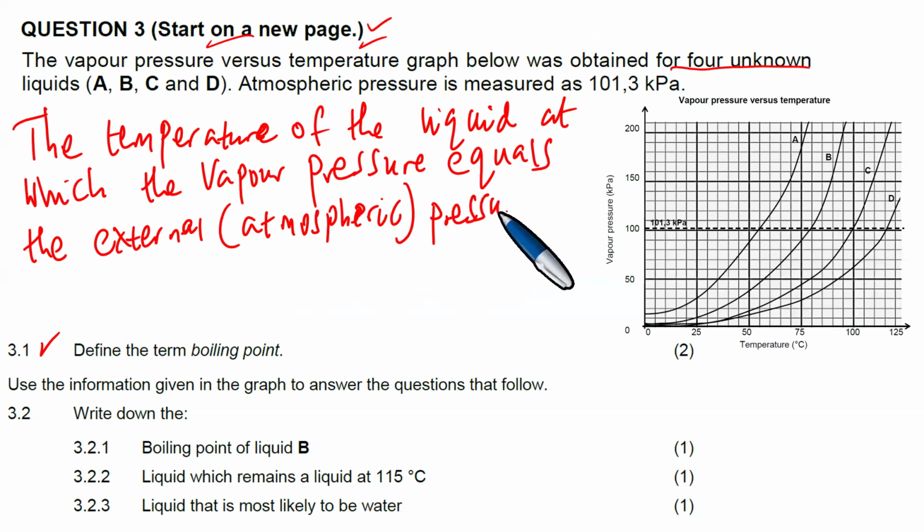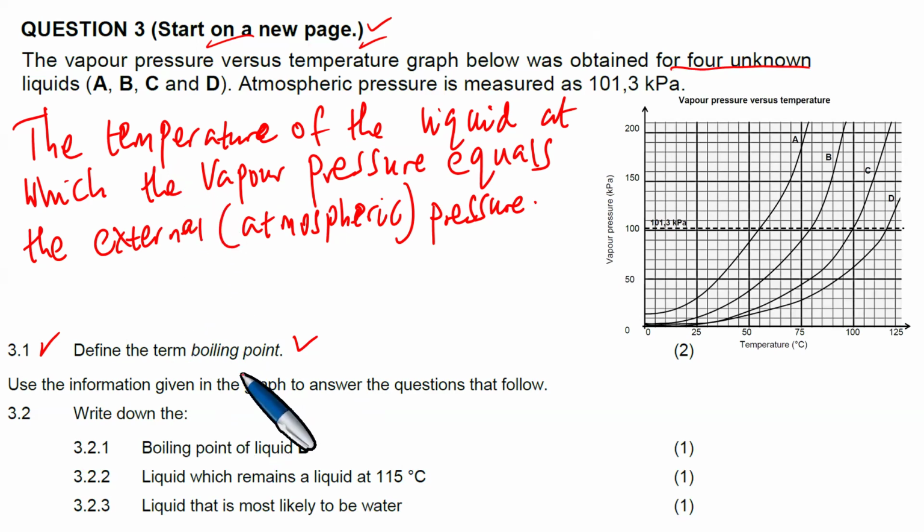Okay, now let's look at this. The temperature of the liquid at which the vapor pressure equals the external atmospheric pressure. That is called the boiling point of a given substance.